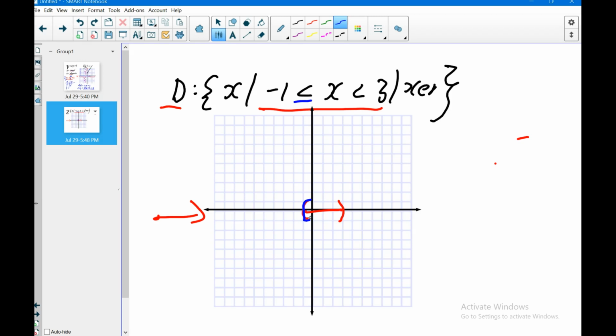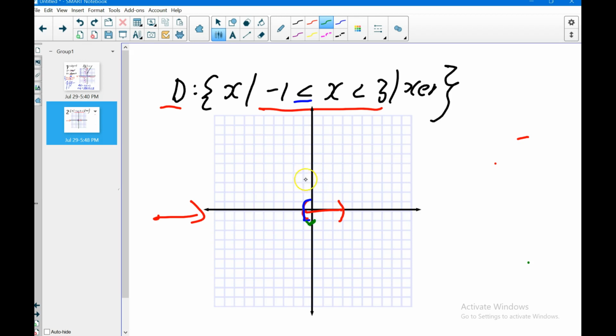And then your range would be y is -1 to 4. So that would be your y range. Your range on your y would be -1, right here. Is that less than or greater than? Greater than. Okay, so it'll be a curved line. And 4 would be 1, 2, 3, 4.